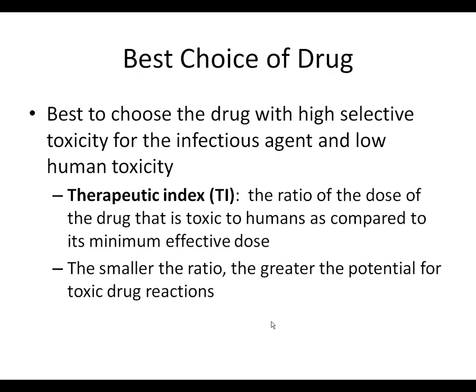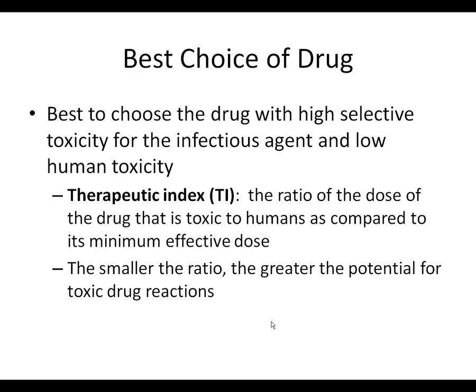To choose the best drug, you have something called the therapeutic index. The best choice of the drug is going to be the one that has the highest selective toxicity. Meaning that it's going to have a lower toxic potential to the human.